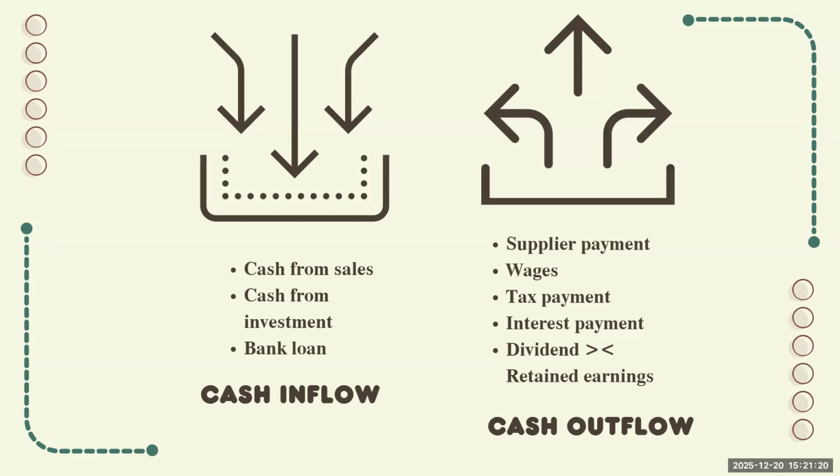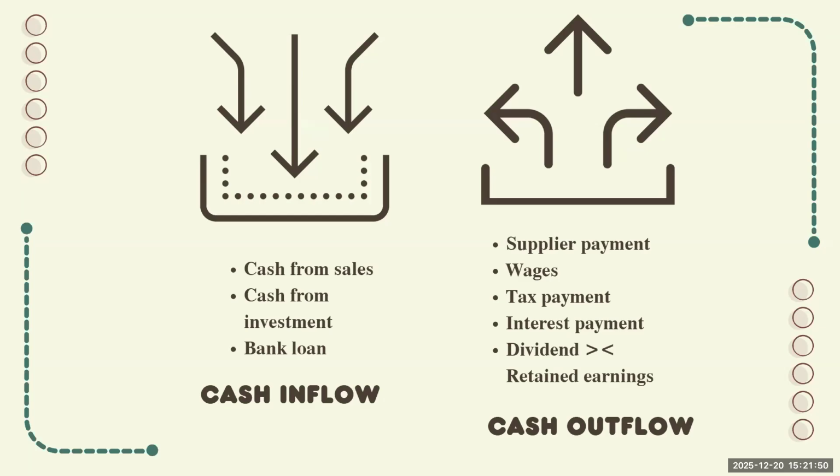So we can have the cash from sales, the cash from investment, the cash from a bank loan. On the other hand, we have the outflow. Outflow means the expenses. You need to pay cash to different stakeholders, like the supplier, the employees, the government through tax, the bank through interest, and the shareholder through dividends, and so on.